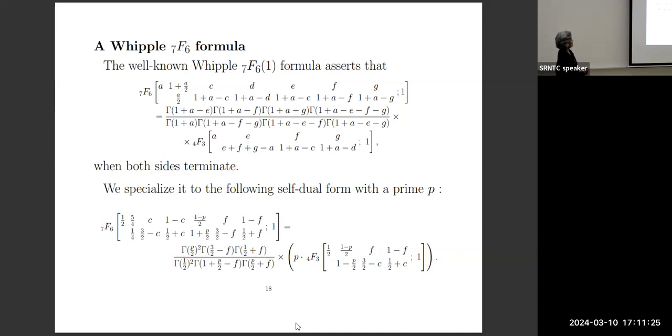The difference is explicitly given by values of gamma functions. This was proved using analytic means, and the identity holds when both sides terminate, which means that one of the A, E, F, G should be 0 or a negative integer, so that this hypergeometric function is actually a polynomial.